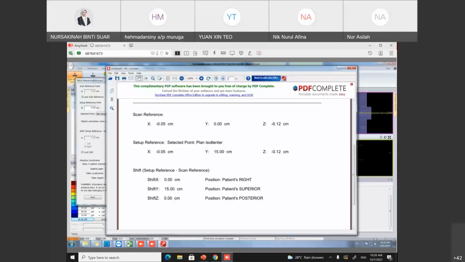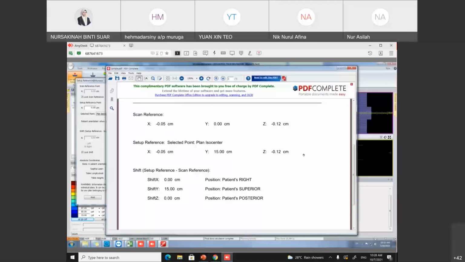From there we found out the information the physicist printed was incorrect. After that, we have to be very careful when we print out this information, and of course do a third party check. You have to double check the coordinate point with the plan documentation.